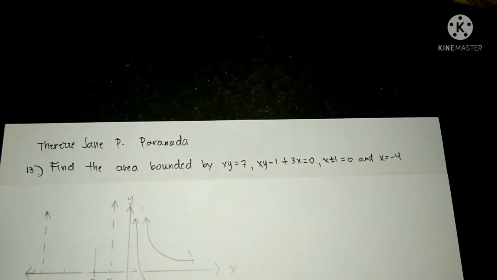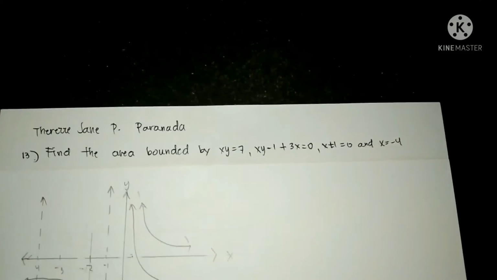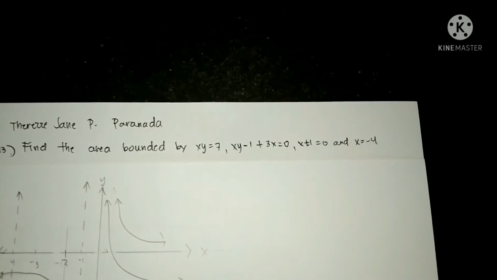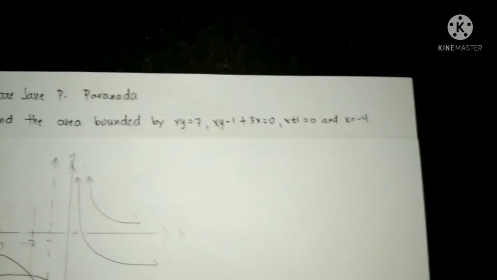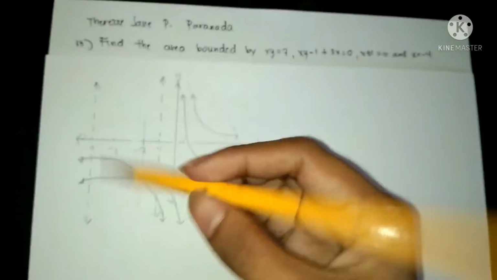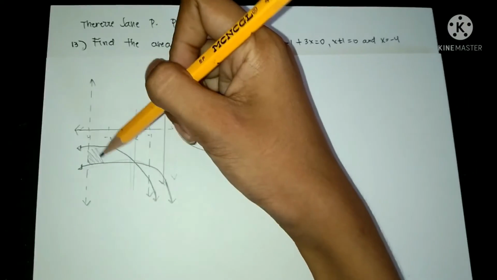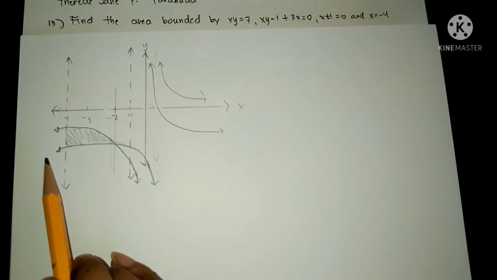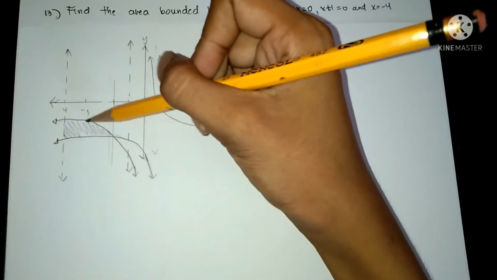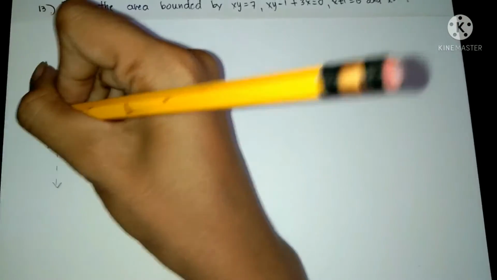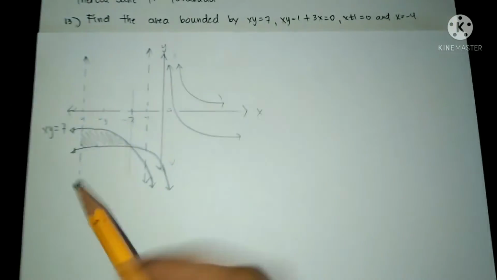Next, find the area bounded by xy is equal to 7, xy minus 1 plus 3x equals 0, and x plus 1 is equal to 0, and x is equal to negative 4. So, this is the graph. Ito yung area na kukunin natin. Itong graph na ito is xy is equal to 7.